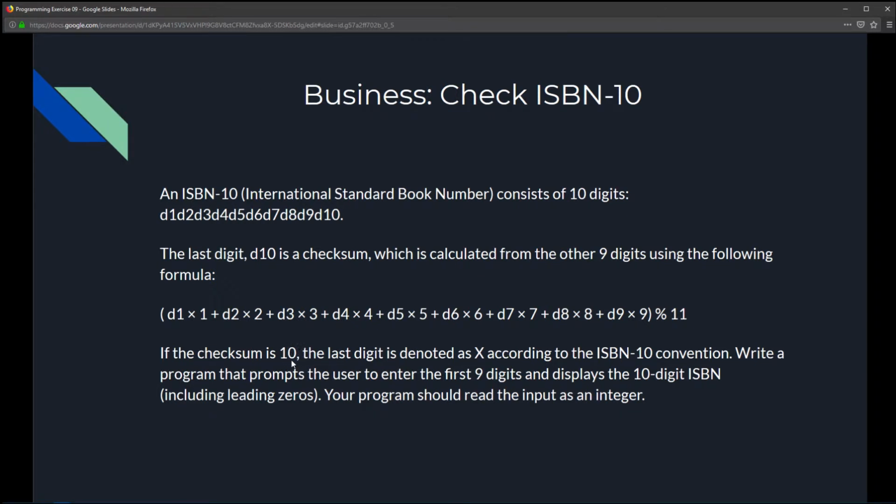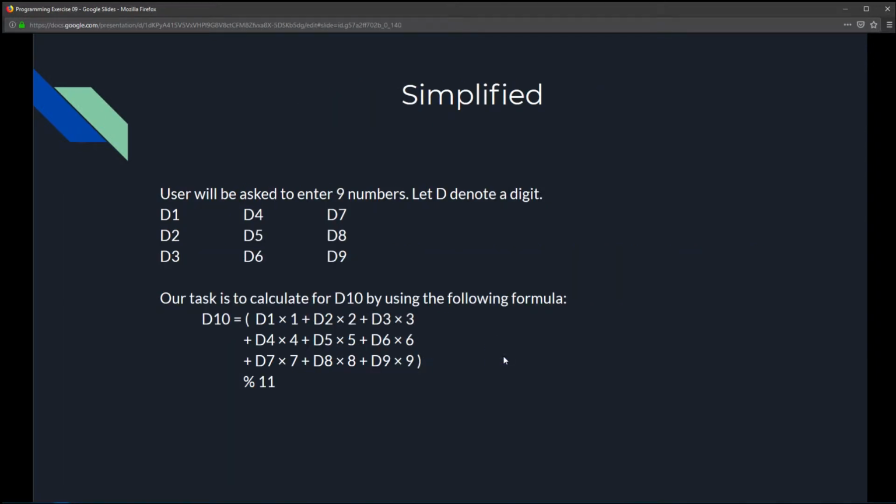Try to visualize this: if we get a 10, this won't be considered 10 digits long. It'll be 9 digits plus 2 extra digit lengths, 1 and 0, and that becomes 11 numbers instead of 10. That's why if we get a 10, we replace it with an X.